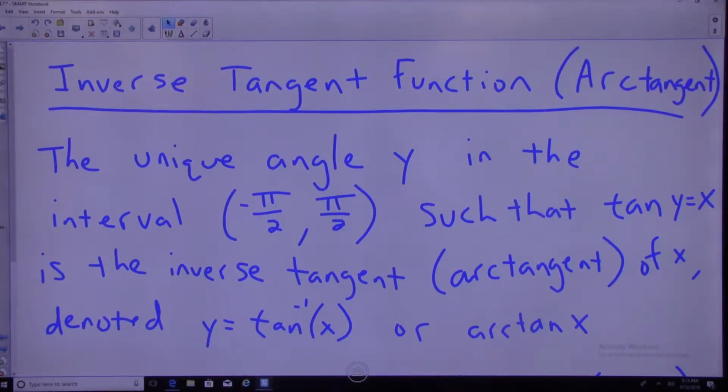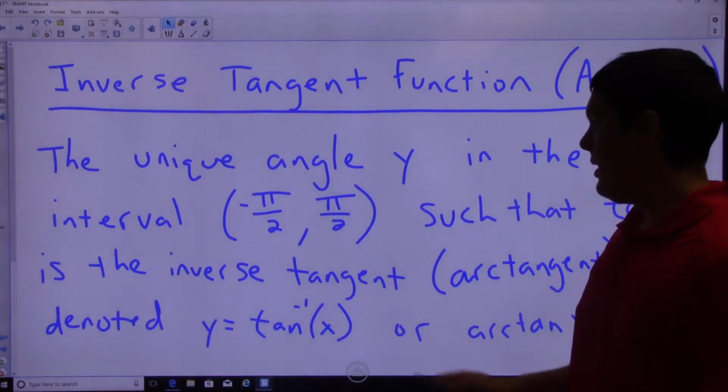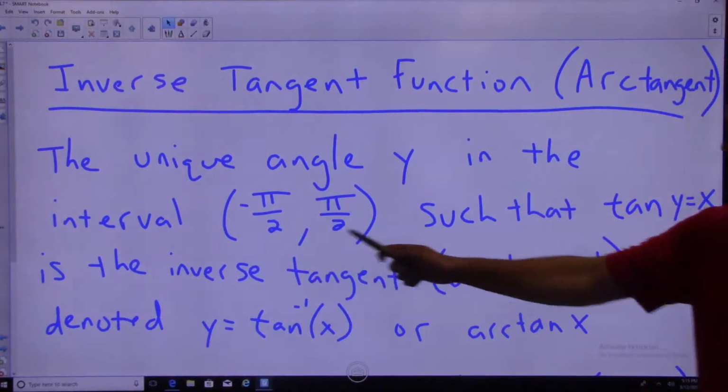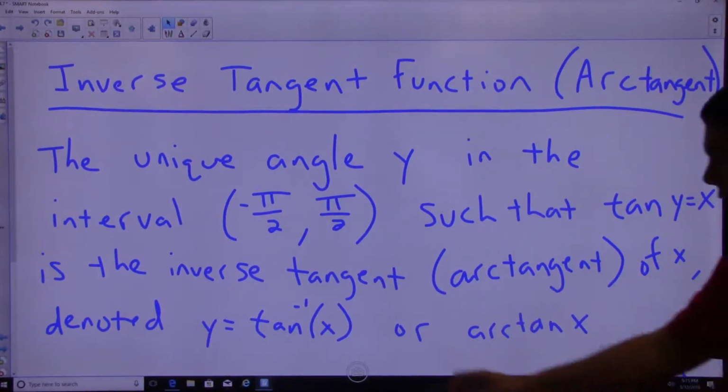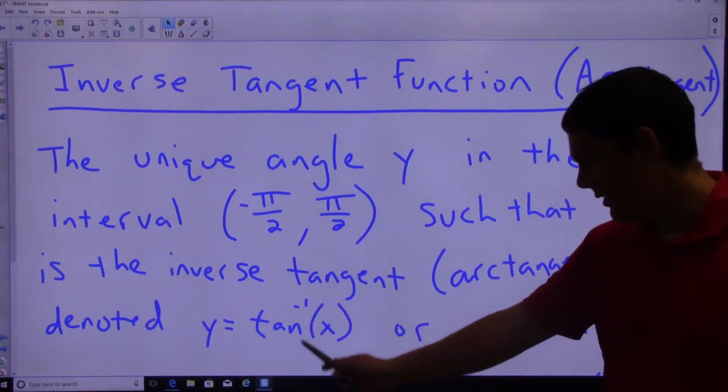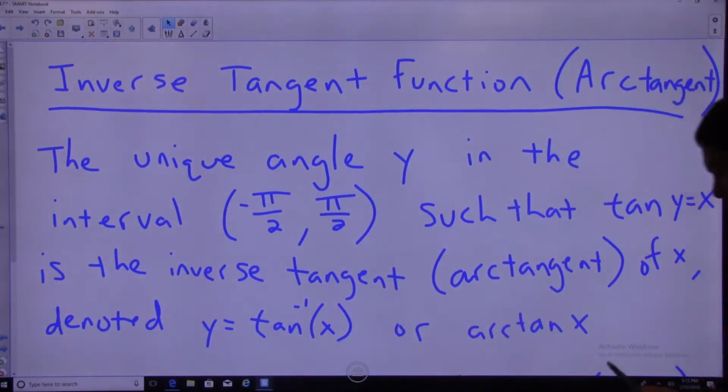So the inverse tangent function is the unique angle y in the interval from negative pi over 2 to pi over 2 such that the tangent of y is equal to x. Sorry, I kind of emphasized that a little bit wrong. Such that tangent y equals x is the inverse tangent, which is the arctangent of x, denoted y equals inverse tangent of x. You can write it like this with the negative 1 power, or you can write it as arctan x.